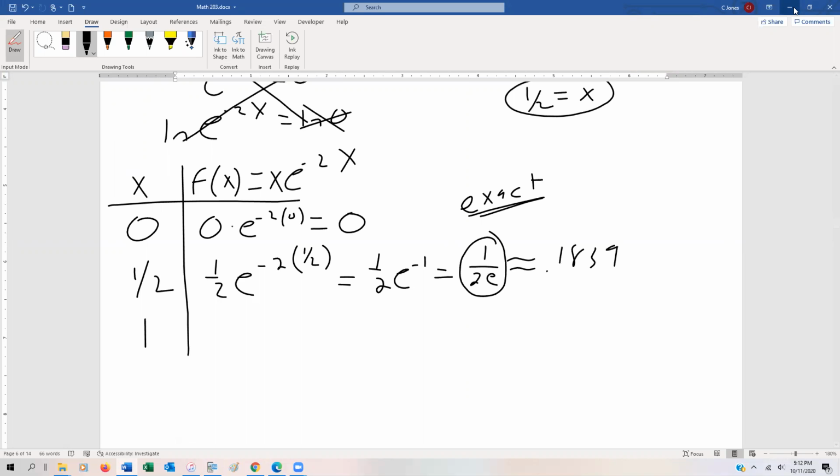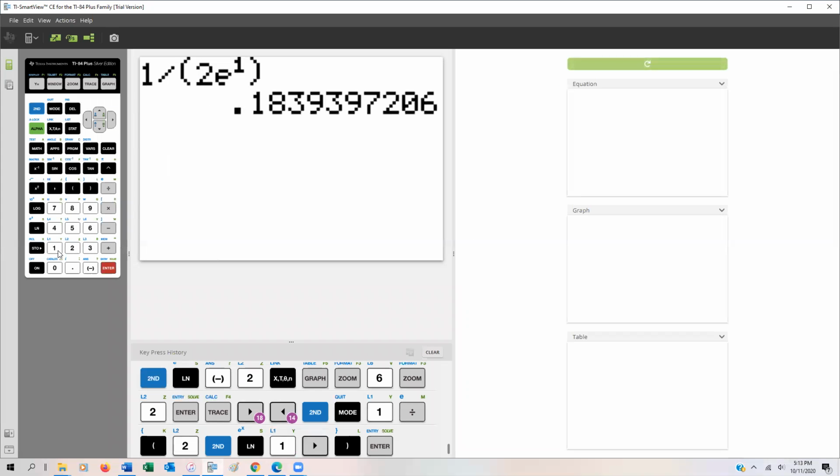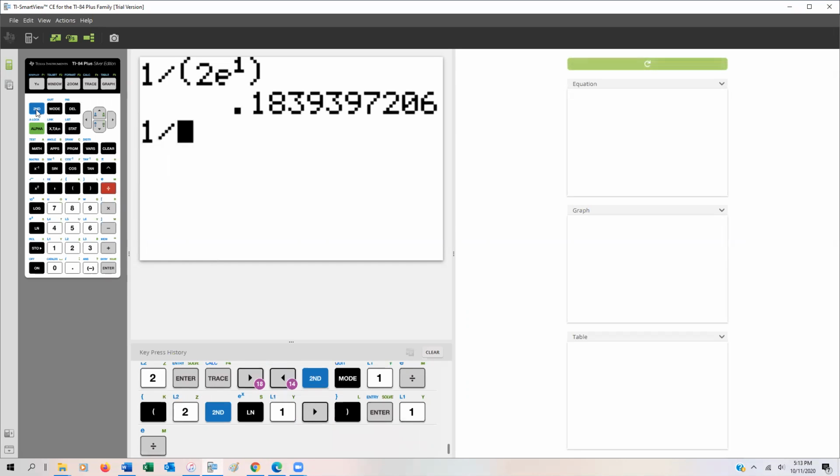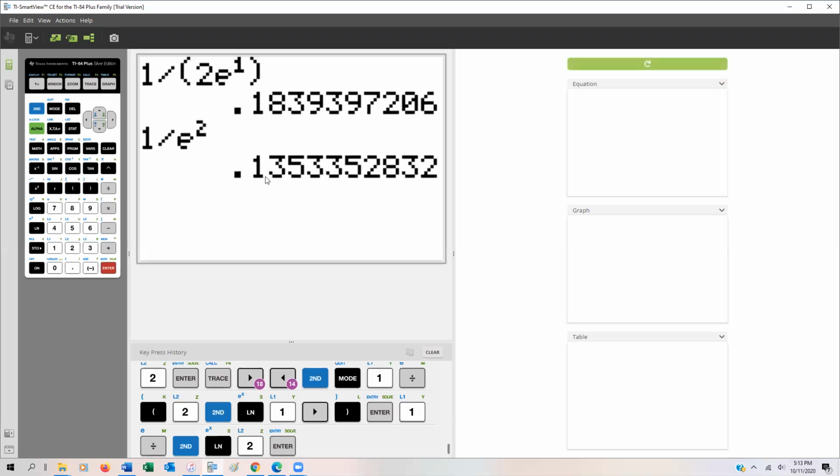And then finally, let's just substitute 1 back in. And this just winds up being e to the minus 2, or 1 over e squared. And let's plug that in our calculator and see what we get. So we're going to say 1 over e squared, and that gives us 0.1353.